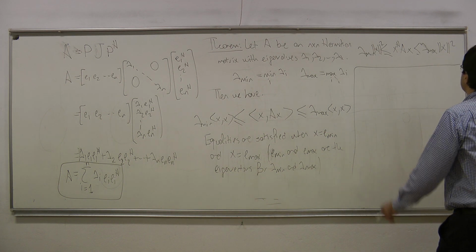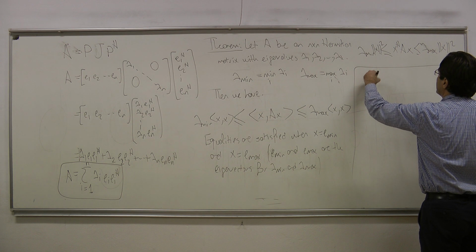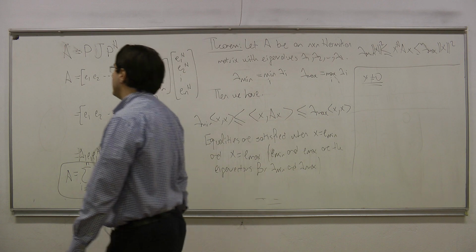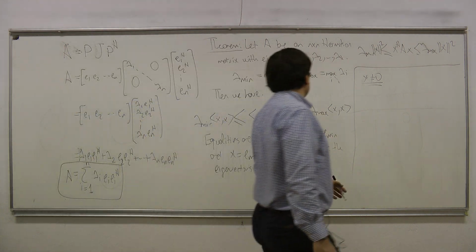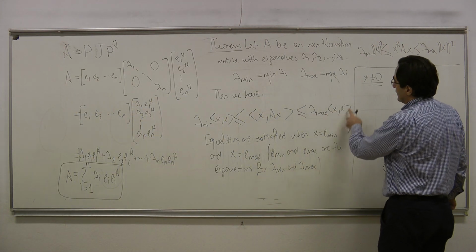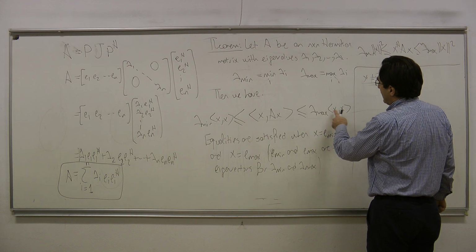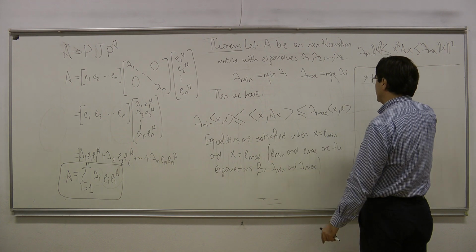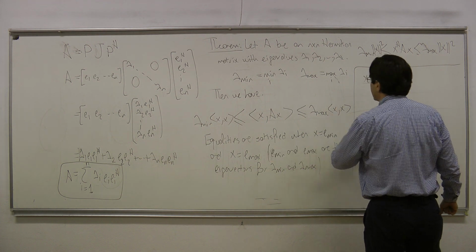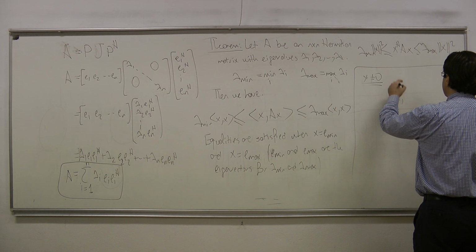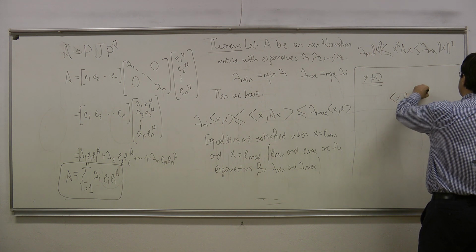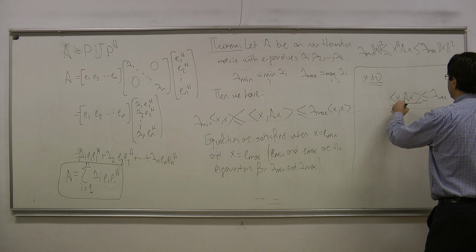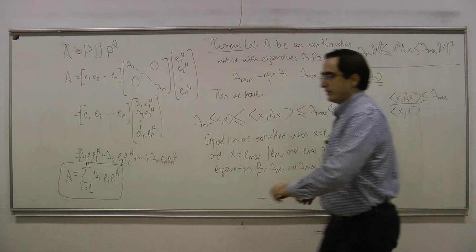Now suppose that x is not equal to the zero vector. In that case, this inner product is going to be non-zero, and then I can divide all sides of this inequality by x Hermitian x. That gives me x Hermitian A x divided by x Hermitian x is between lambda min and lambda max.